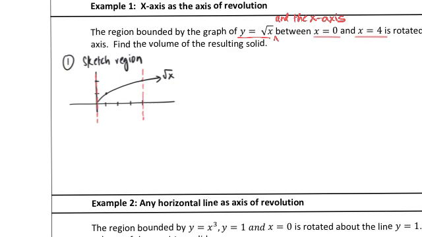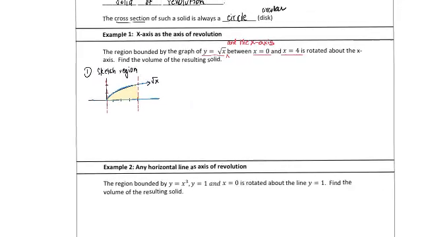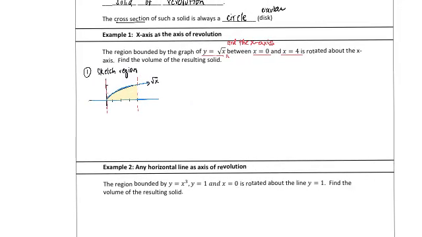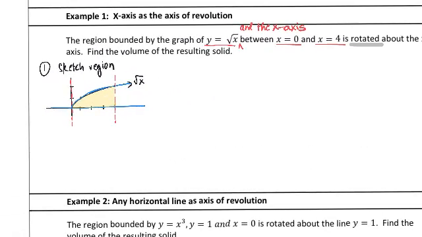So I have those two vertical lines, and then I have rad x and the x-axis down here. So my region is this yellow region right here. And what we're doing is we're taking this region and rotating it about the x-axis.